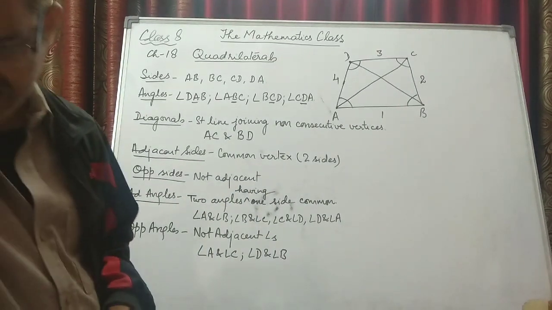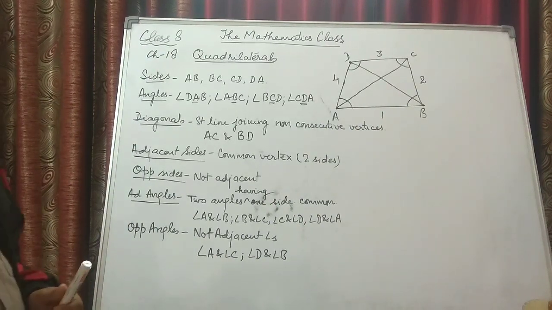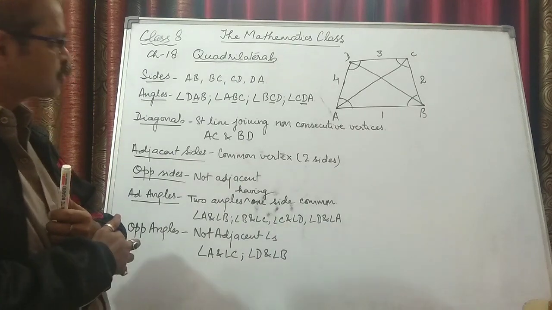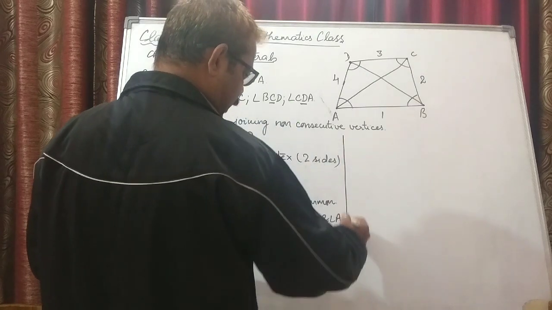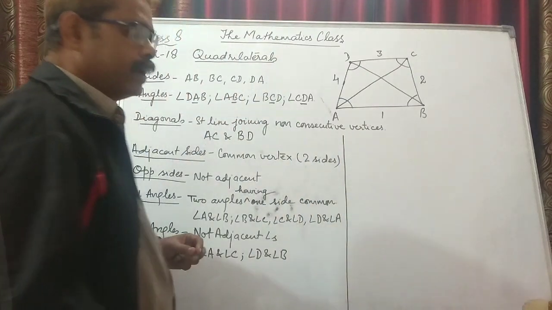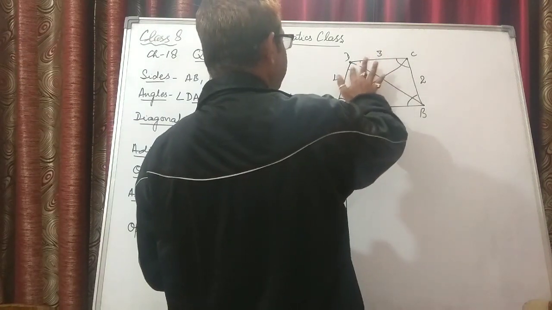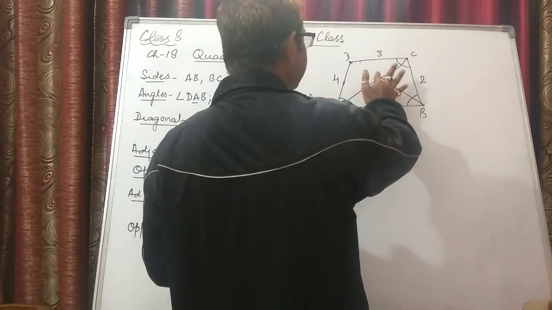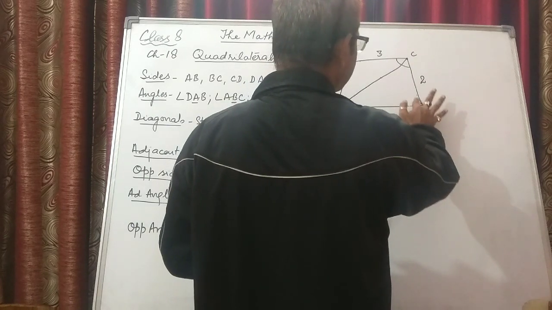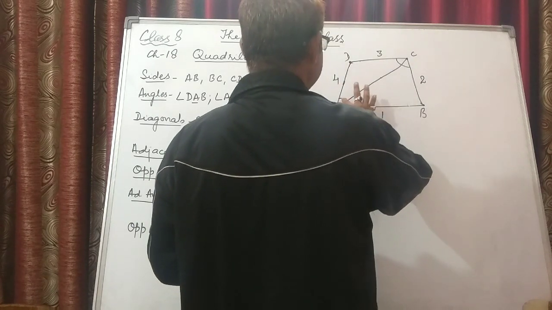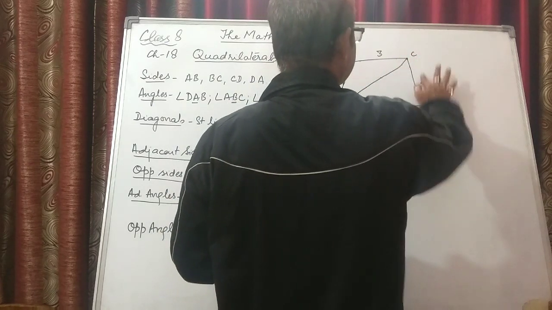Now there are some properties of a quadrilateral, and one important property is that the sum of all the angles of a quadrilateral is 360. I will just be explaining the proof. We are not going to literally prove it, but I will explain how the sum of all the angles of a quadrilateral is 360 degree.